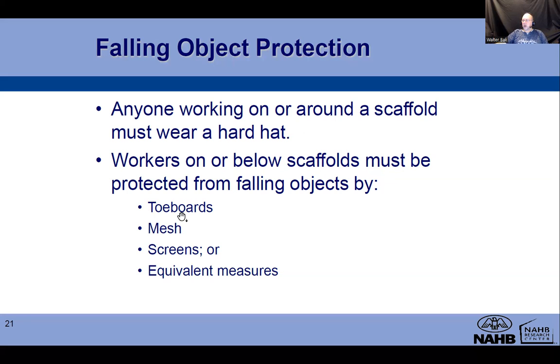By toe boards, and we're going to take a look at them, mesh, screens, or equivalent measures. So that pretty much covers whatever else is invented and approved to prevent objects from falling down from up. Get it? Okay. All right.